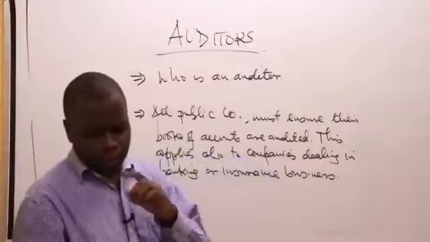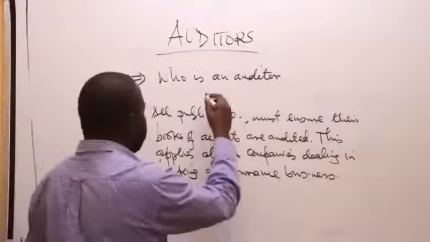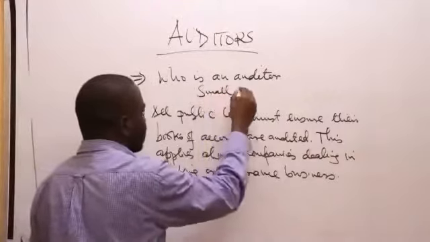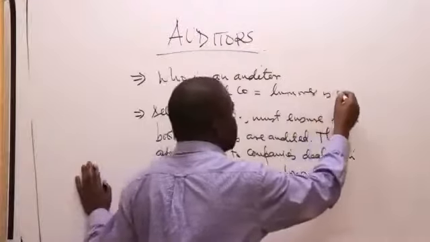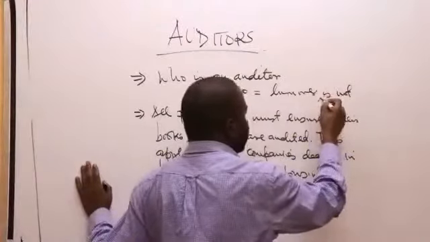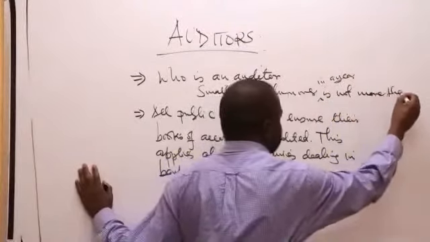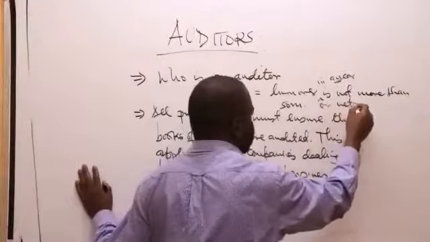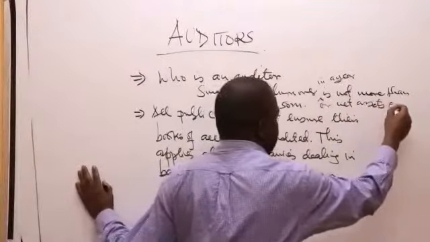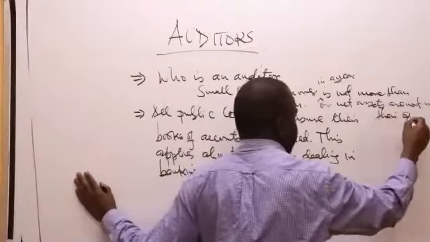So the threshold for ascertaining whether a company is a small company is this: a small company means that the turnover in a year is not more than 50 million, or the net assets are not more than 20 million.